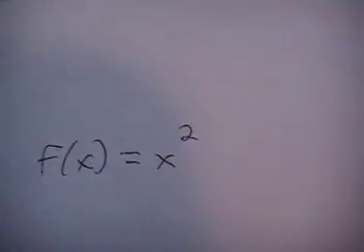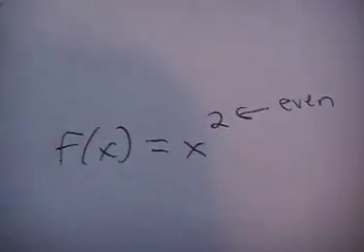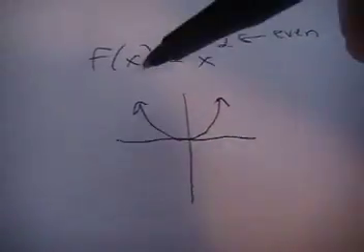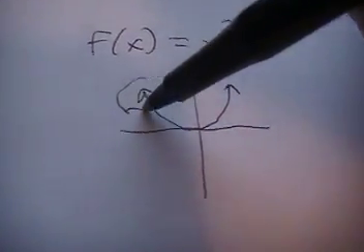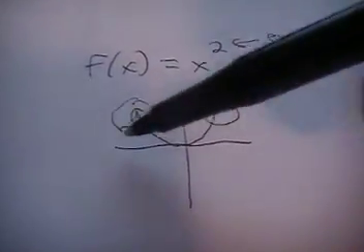And here's how I remember that. I remember from chapter 2, when you learned all the parent functions. X squared is the most basic even function. There's an even exponent, even degree, and we hopefully know what that graph looks like. It's a U-shaped parabola. This is your end behavior when you just look at the end and the beginning of the graph, way off to the left, way off to the right.